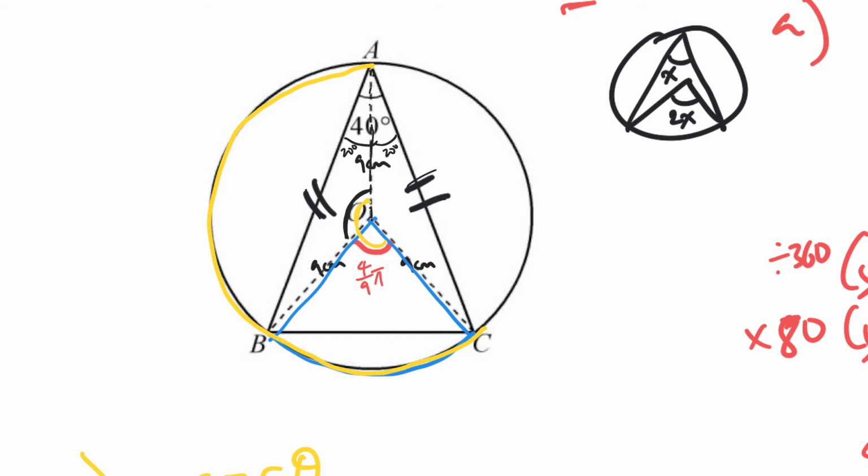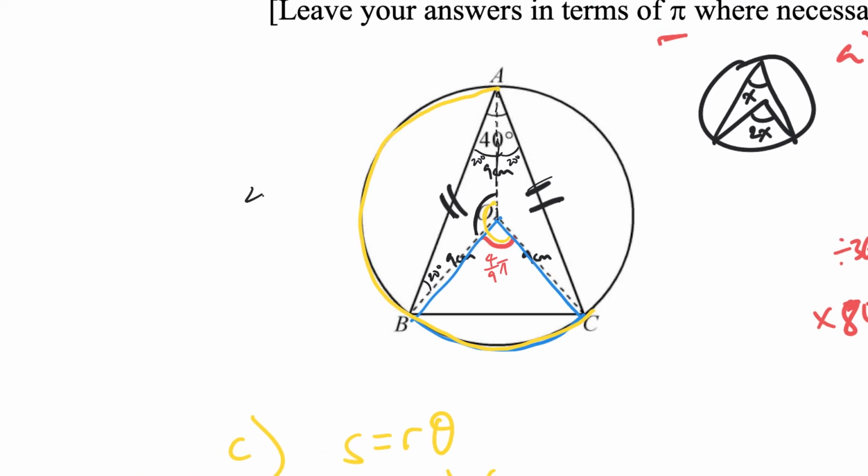So that tells me that this also is 20 degrees. So angle AOB is simply 180 degrees minus 20 degrees minus 20 degrees, which is 140 degrees.